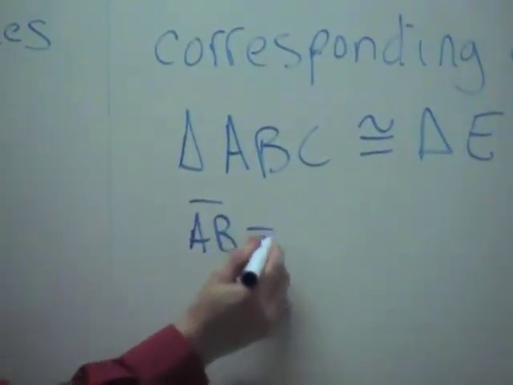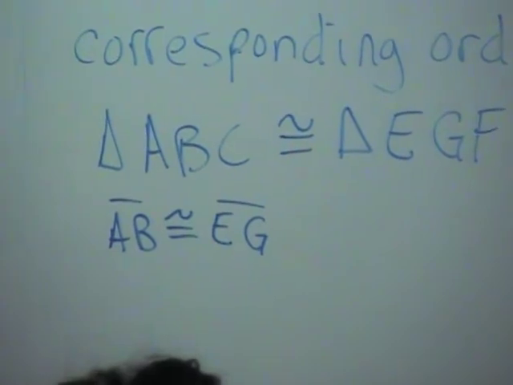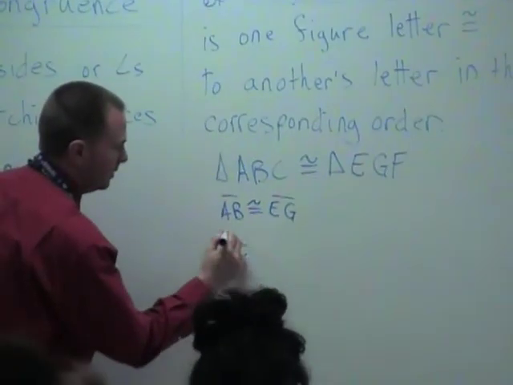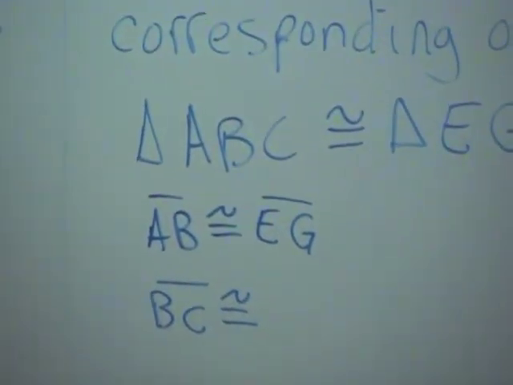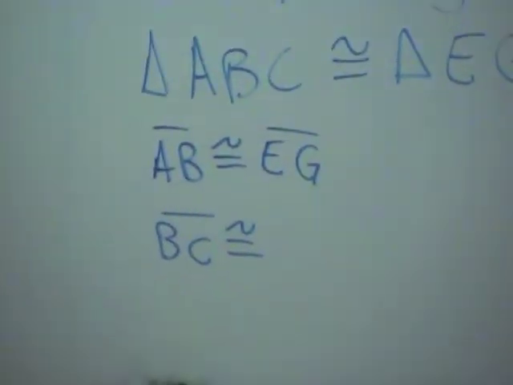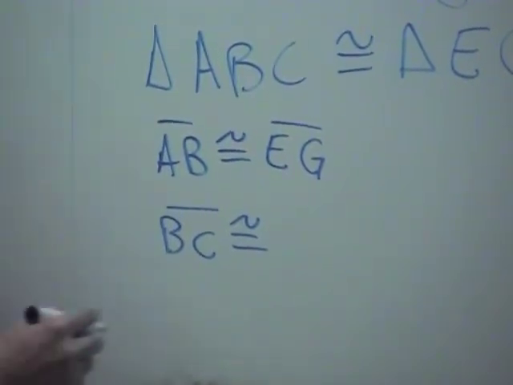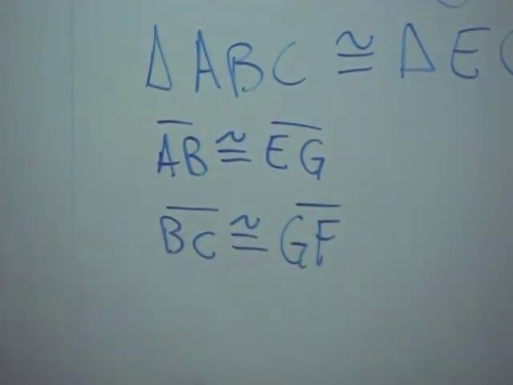Segment AB is congruent to segment EG. Segment BC, Peyton, what do you think that's congruent to? That's right. GF. It's in the order of each triangle.